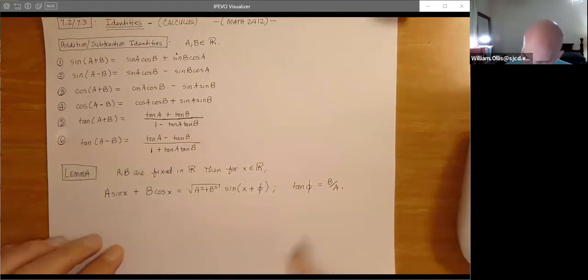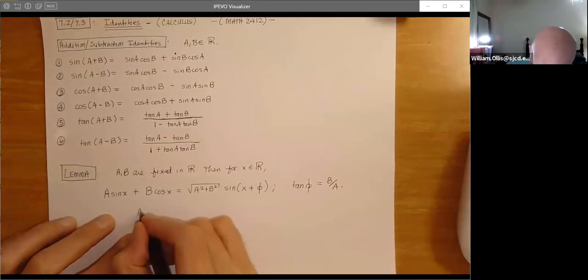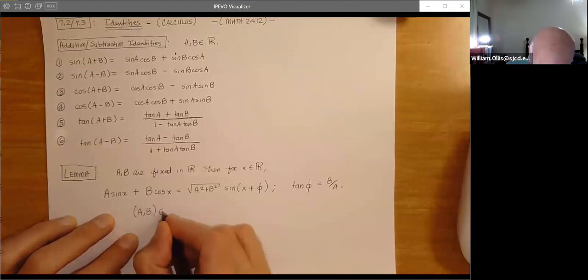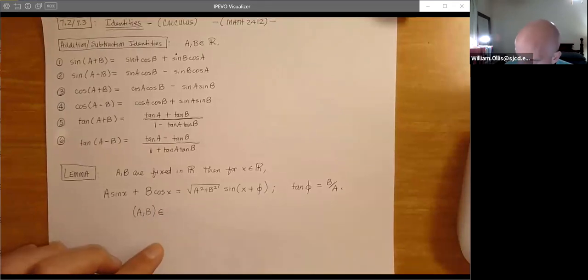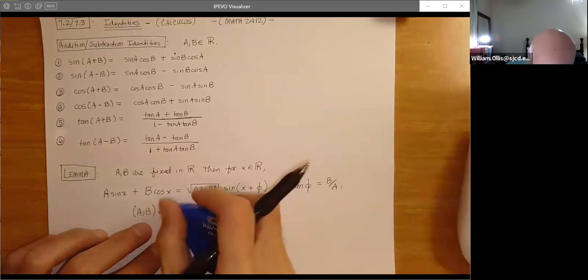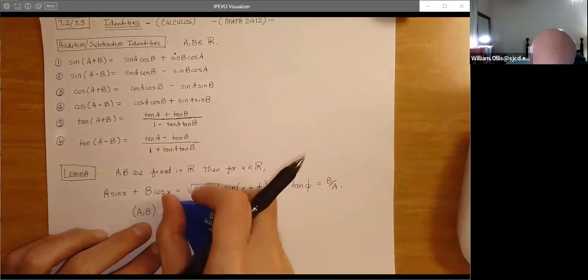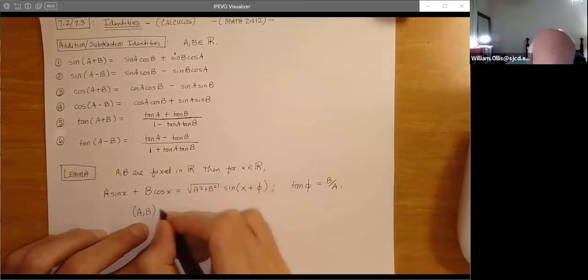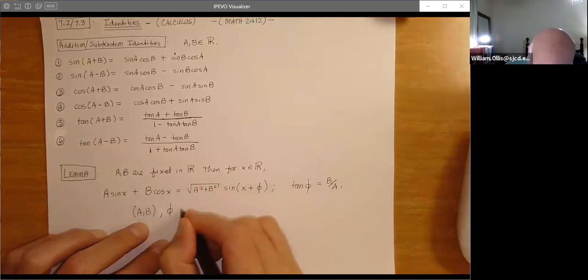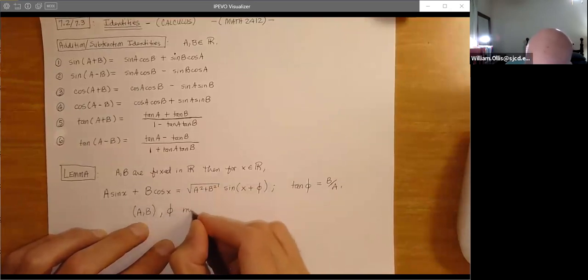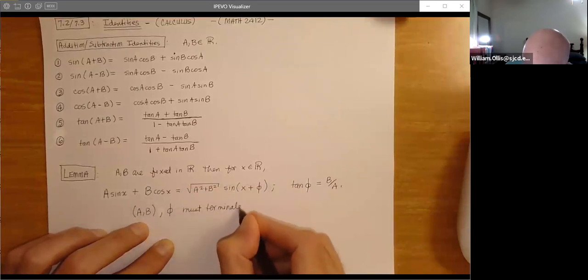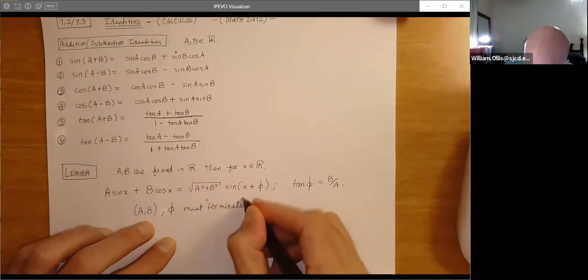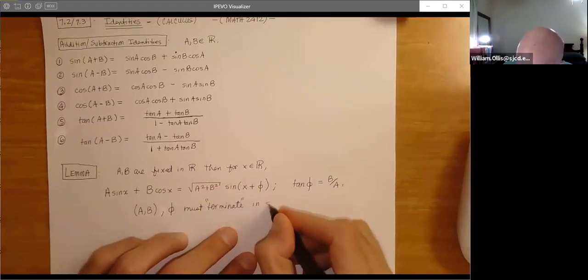Because again, this basically has to mean that, for instance, A comma B, as a point and also as an angle, these must terminate, and I say terminate with quotes, in the same quadrant.